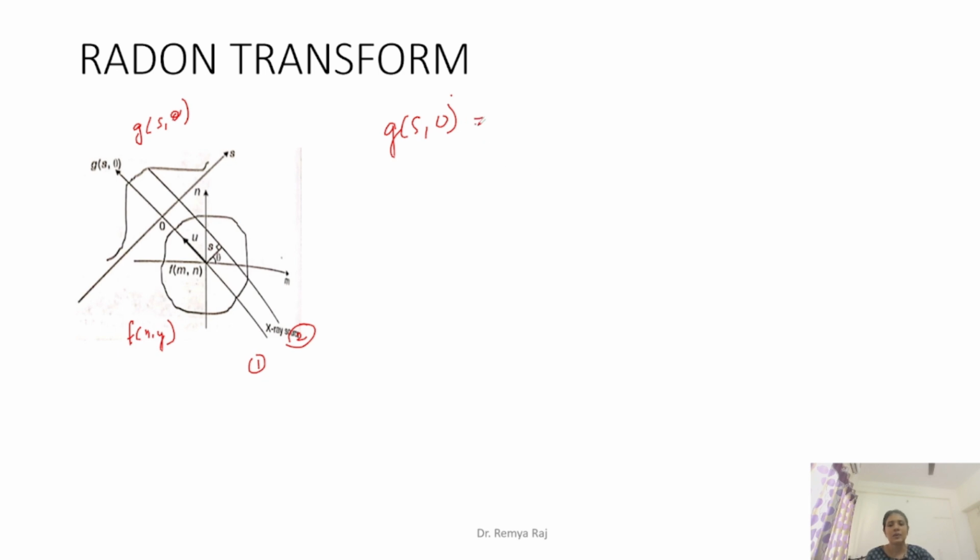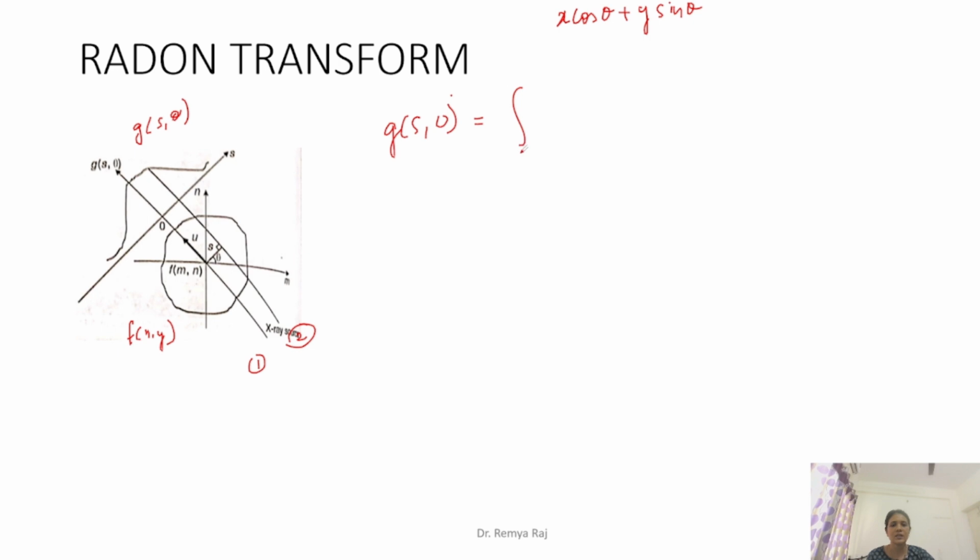The projection is nothing but a line, and it is called a line integral. So we write the projection as x cos theta plus y sin theta.